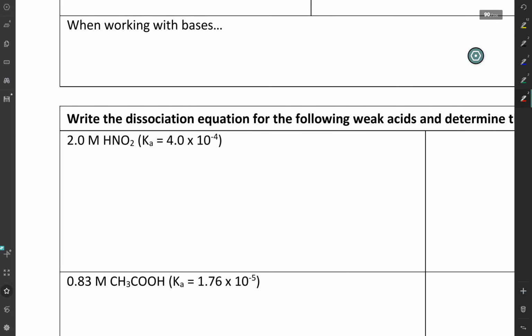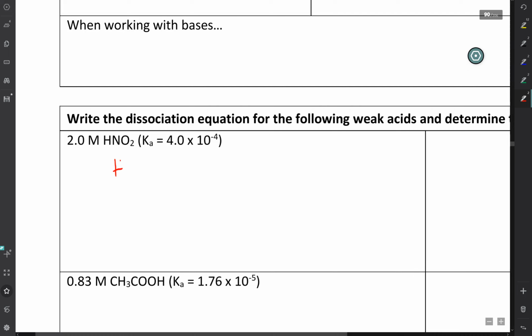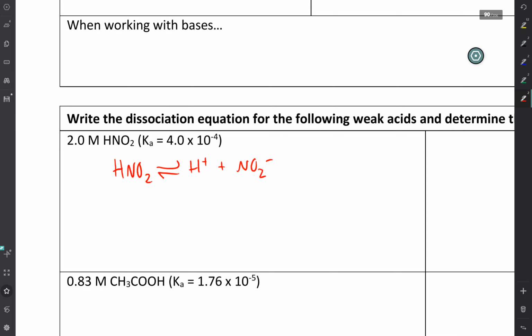So the first thing you should do is write your dissociation equation. We've got HNO2, reversible reaction with the hydrogen and the nitrite ions. We know what the Ka is, and in a previous lesson we talked about how to find the H plus ion concentration of a weak acid.